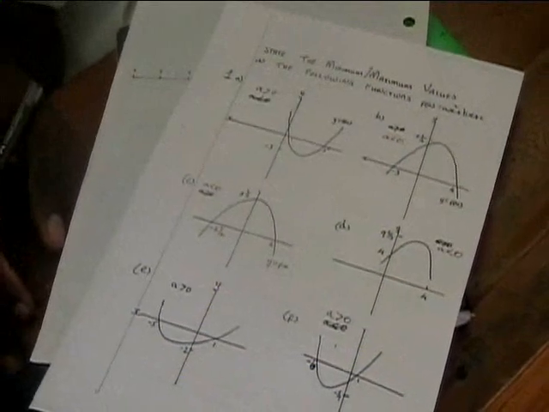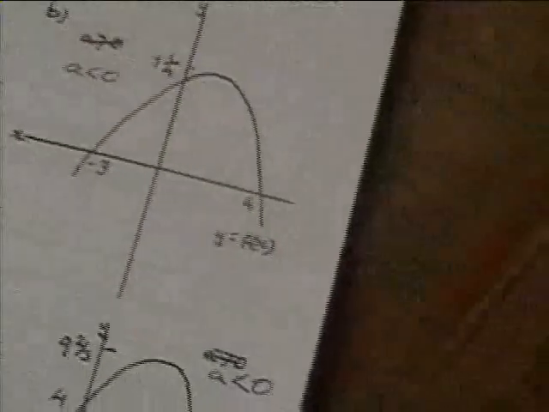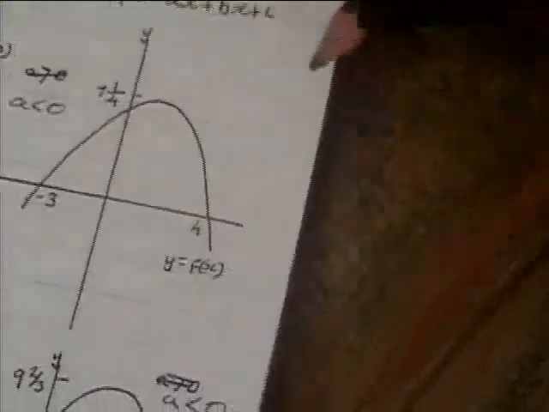And what is the minimum value? -3. Alright, so we see here that in number 1, a is greater than 0 produces a minimum value. Let's look at number 1b.